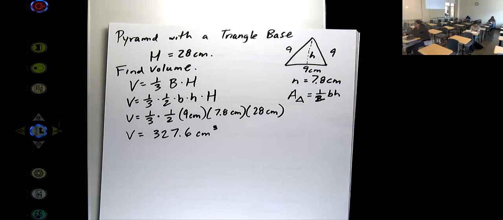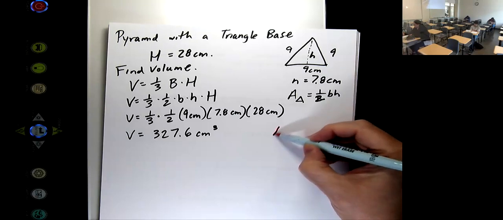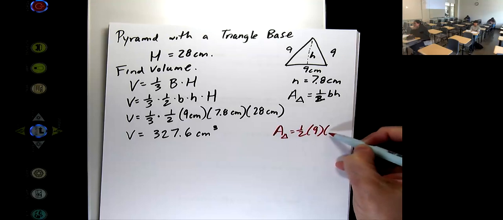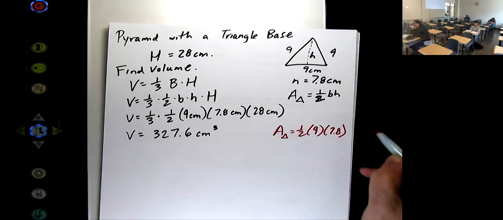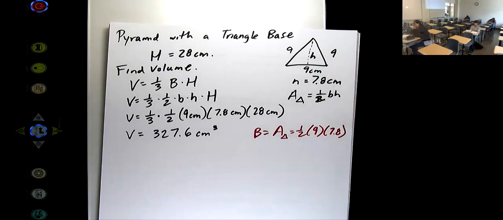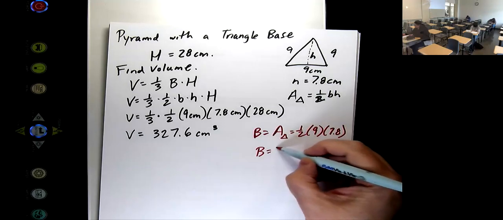So how can we do it step by step? Or if I just wanted to find the triangle first. The triangle is 1/2 times 9 times 7.8, and that's my big B. So 9 times 7.8 divided by 2 is 35.1.